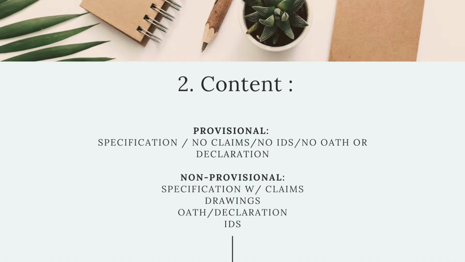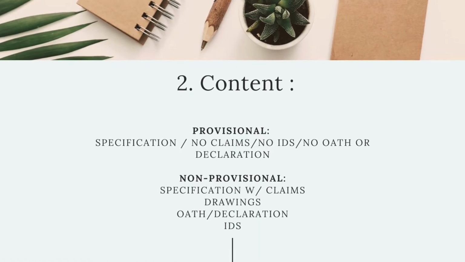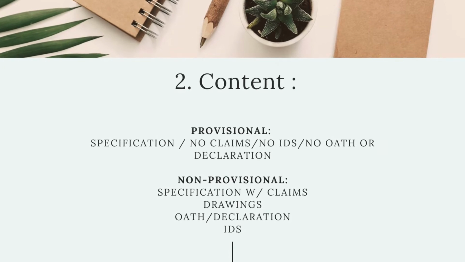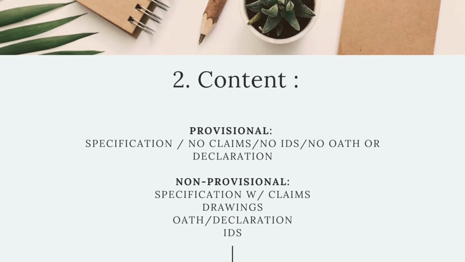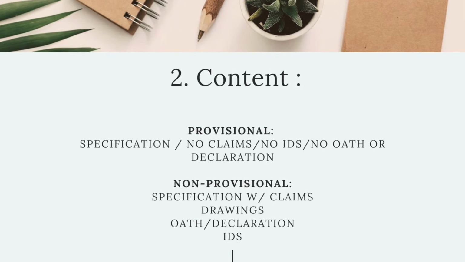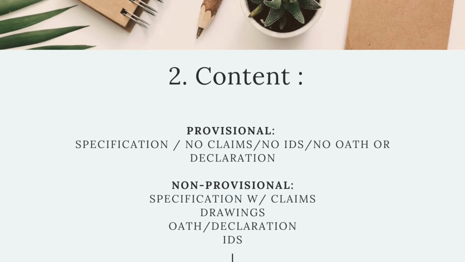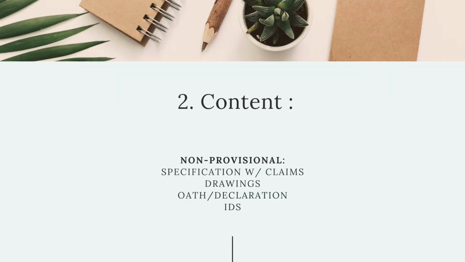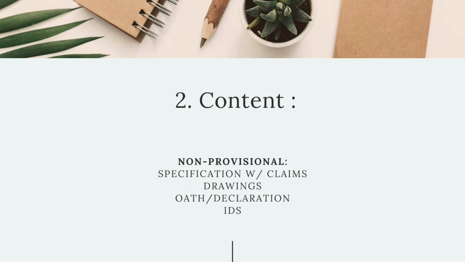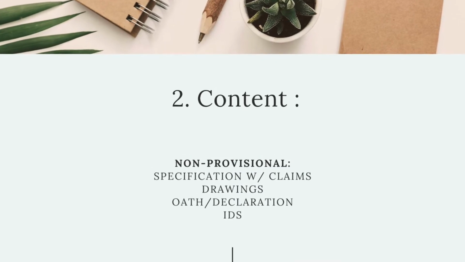Point two is the content. What's the difference between the content of a provisional patent application as opposed to a non-provisional one? Let's start with the non-provisional patent application. A non-provisional patent application includes a specification. The specification includes a set of claims.